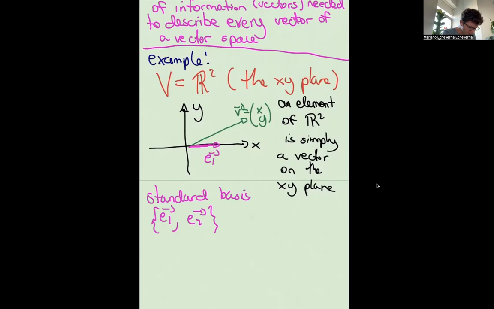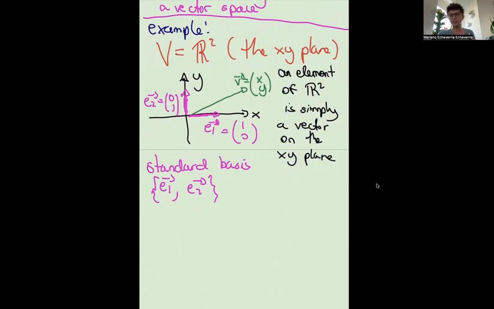I may have mentioned these vectors e1 and e2 some time ago when we were talking about the inverse of a matrix. Here you have the vector e1, which is parallel to the x-axis, and here the vector e2, which is parallel to the y-axis.